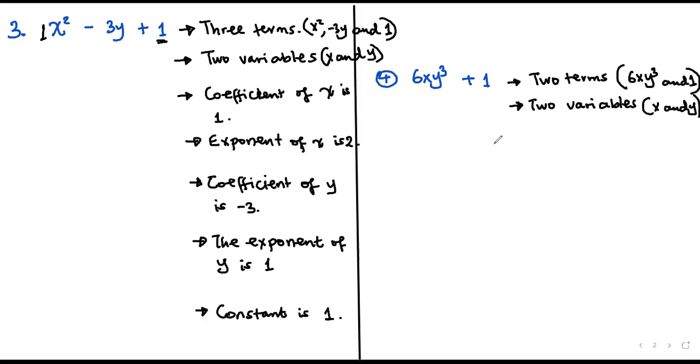Then we have one constant. And that is 1. This one. Okay. Then the exponent. And before you look at the exponent, let's look at the coefficient of xy.